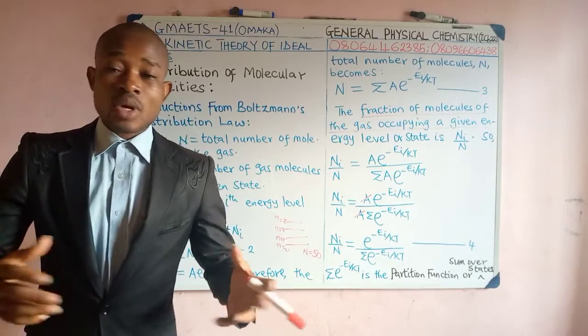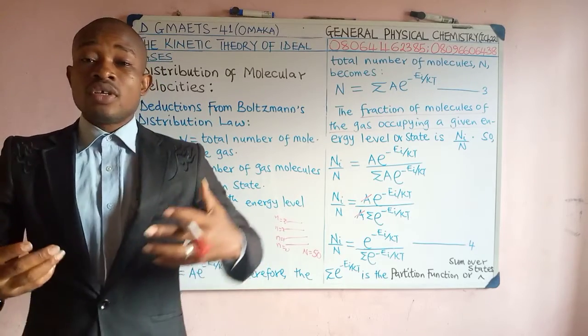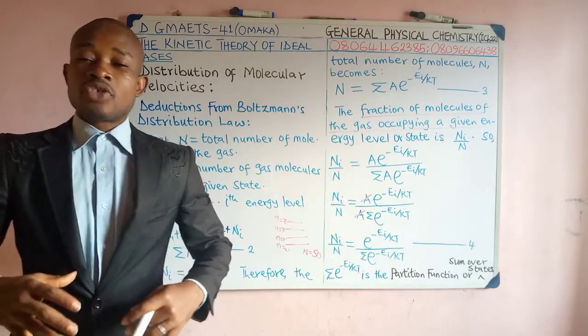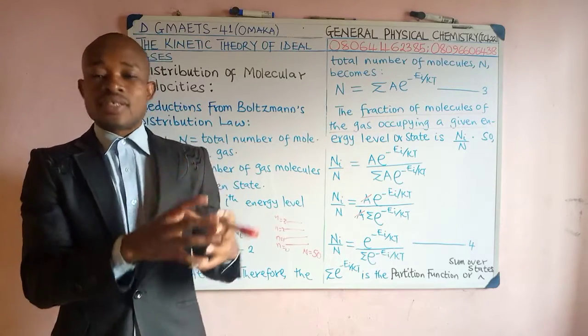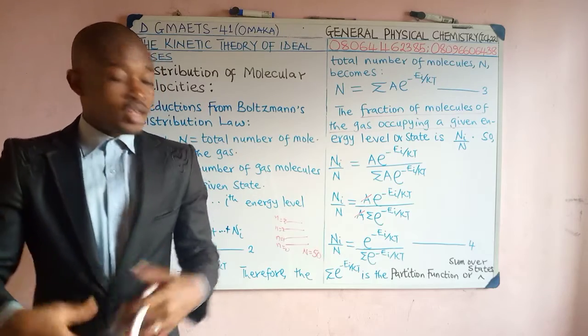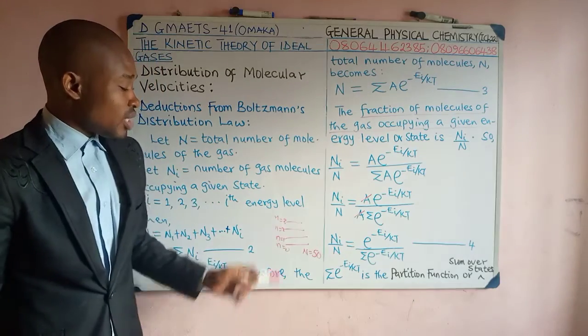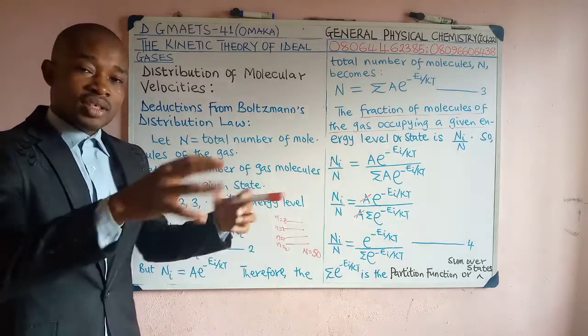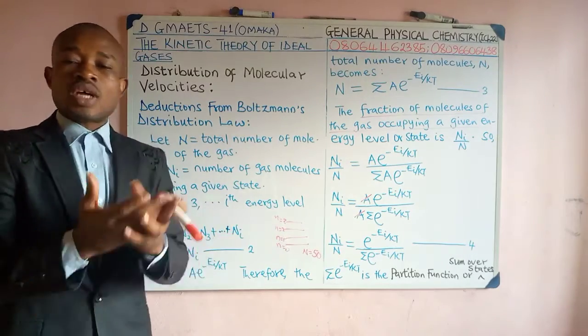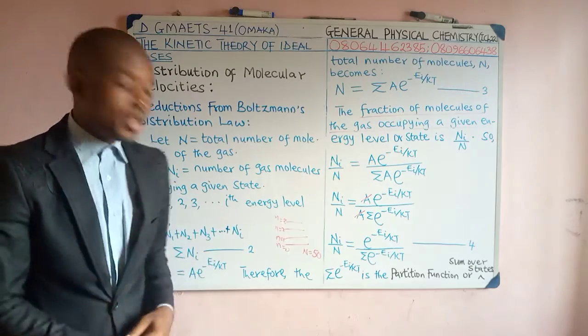Just think about a class where you have maybe 4 girls, 6 boys, and if you want to get the total number of students in the class, you're going to add the 6 boys to what? 4 girls. Is that not so? You get 10. So the same thing, this 50, the gas molecules have been distributed in different numbers to the different energy states.